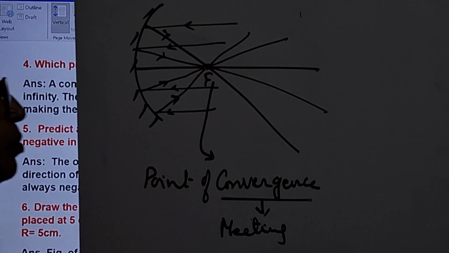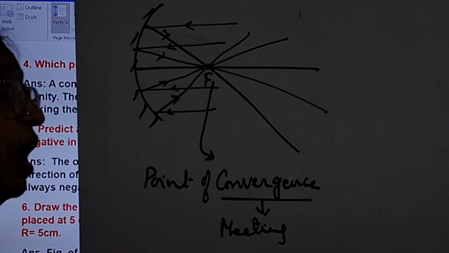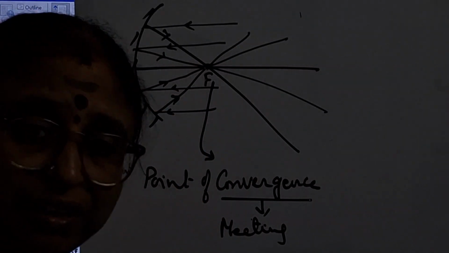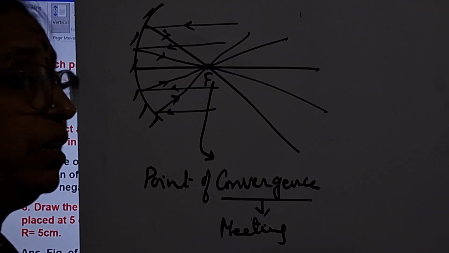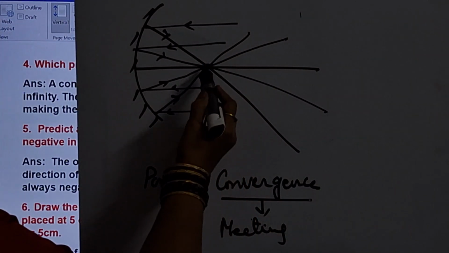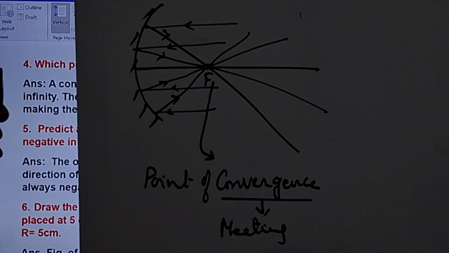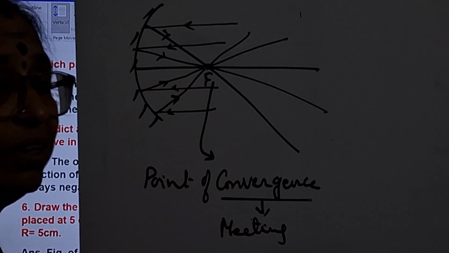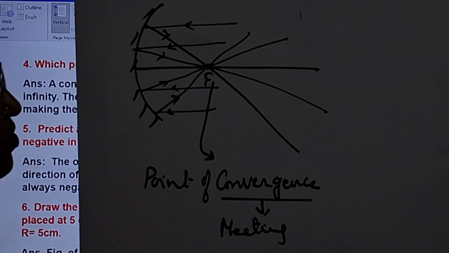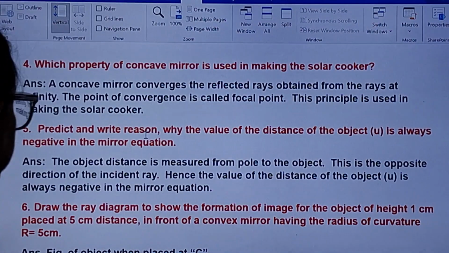Here we are talking about a mirror. When the rays are reflected by the mirror, all the reflected rays are converging, meaning they are meeting at a point. So all the energy of these rays is focused at a particular point, and a lot of energy will be there. So if you keep any utensil with any food item there, it starts cooking. So this is how a solar cooker is made, children.